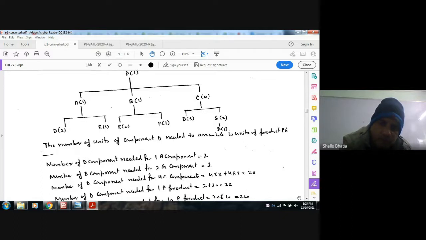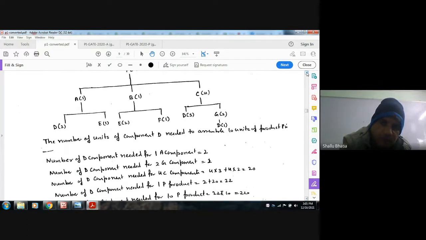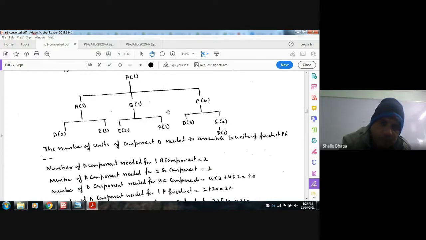Now the number of D components needed for one P product. For 4 C components we need 20 D, and from A we need two D components. So for one P we will need 20 plus 2, that is 22.